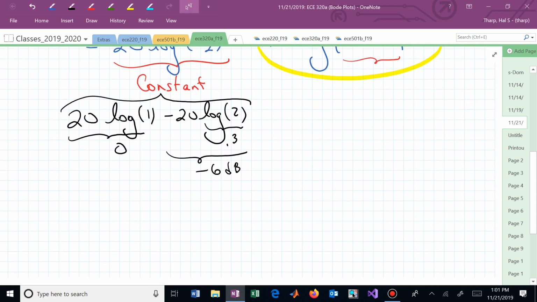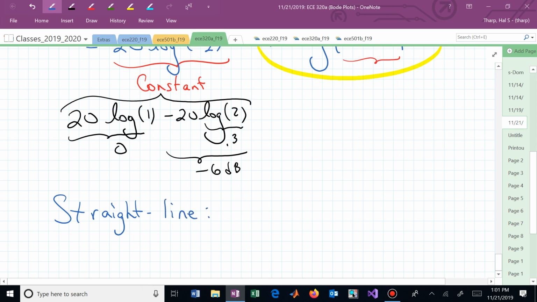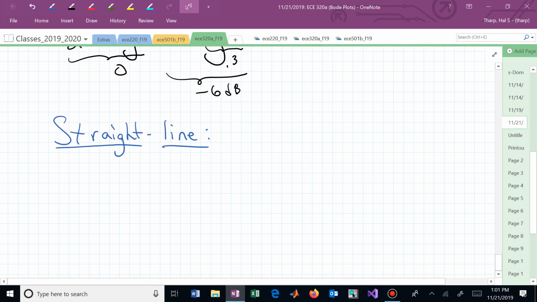But we now want to focus on straight line approximations. So now if we're looking at this expression, j omega over 10 plus 1, and when you go home tonight and you're redoing this from memory, not with your calculator, you replace 10 with an omega naught, and you just start saying, okay, what's going to happen for small omega?